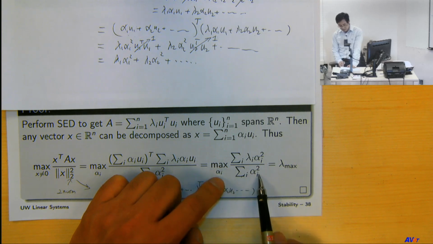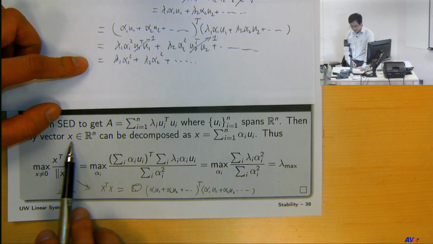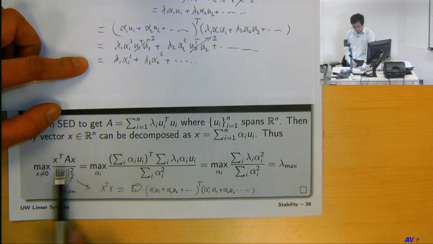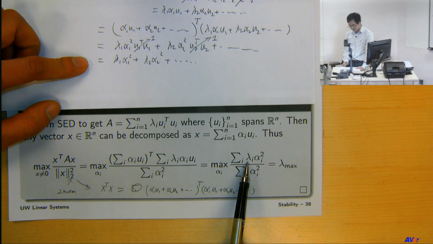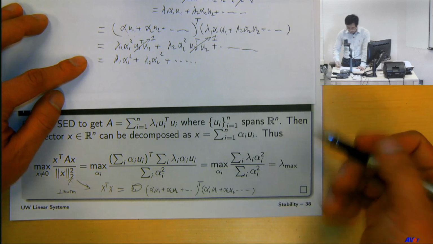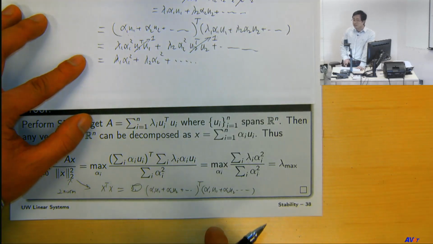The key concept is if you let x change and you figure out what is the maximum value here, you can change these alpha i's. Correspondingly, you change the contribution of the eigenvalues in this summation. And what would be the worst case? This is actually a technique in optimization, which some of you might take.